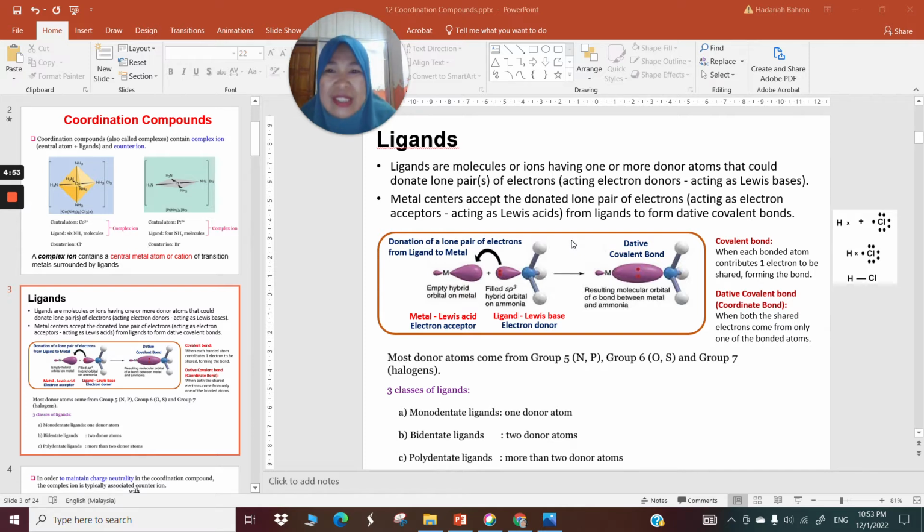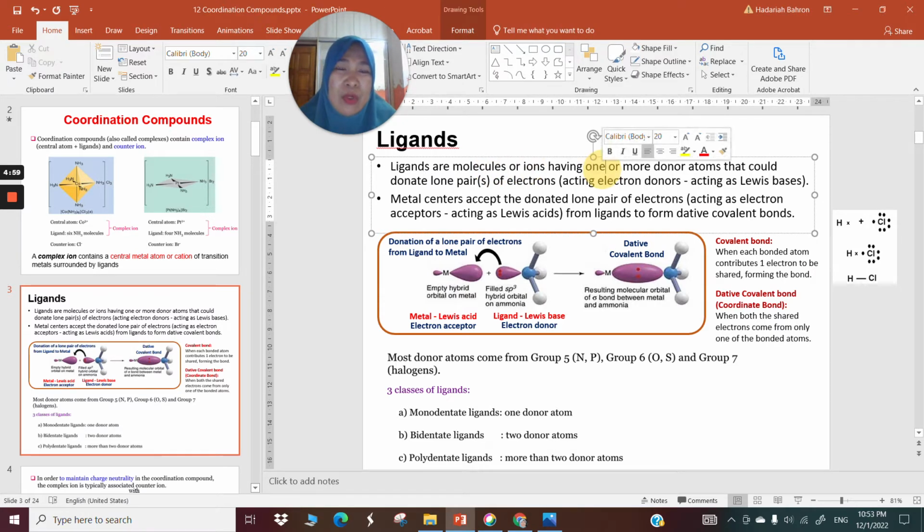Ligands are molecules or ions having one or more donor atoms that could donate a lone pair of electrons. You all know what lone pairs of electrons are?